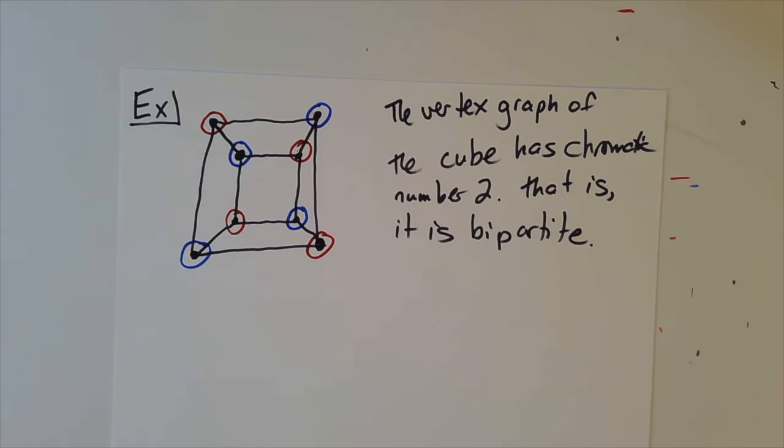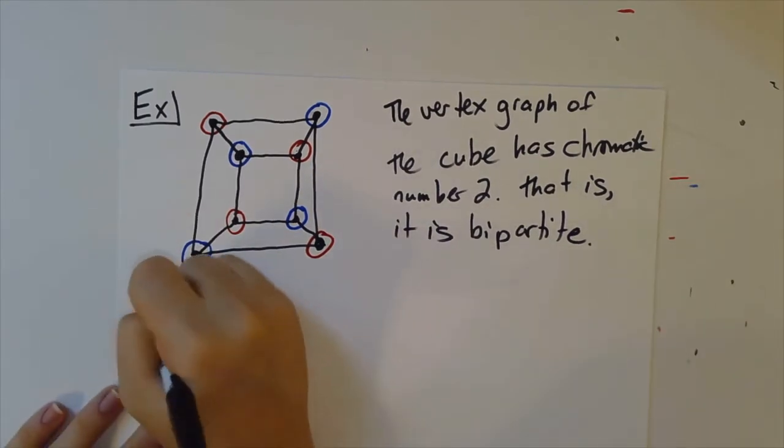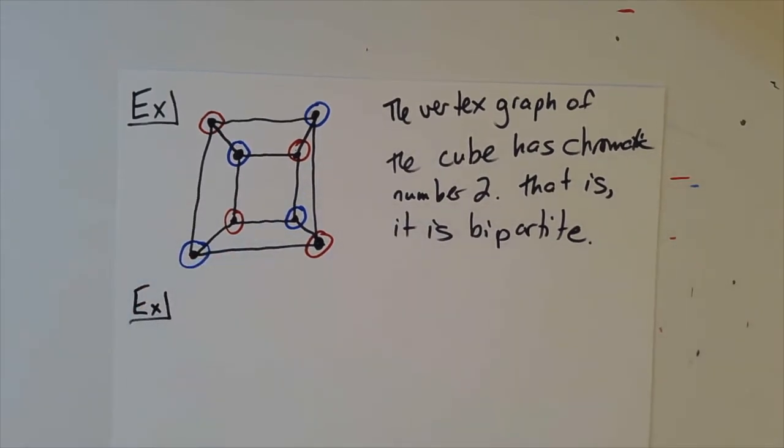Okay. Let's also look at the face graph. Okay, and what do I mean by the face graph? By the face graph, I mean that I'm going to label each of the faces of the cube and connect them if those faces are adjacent.